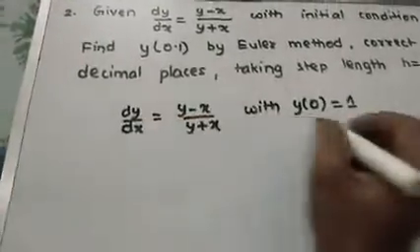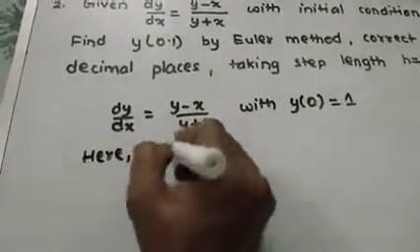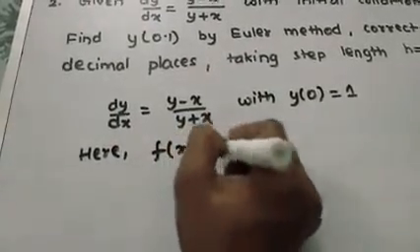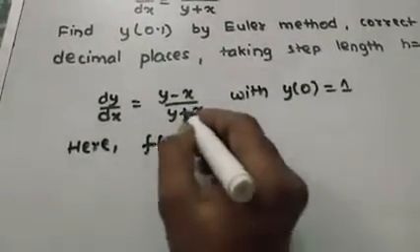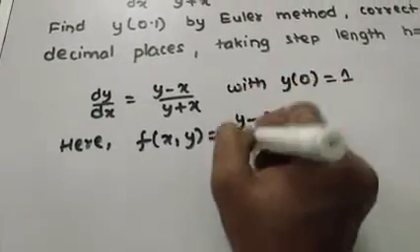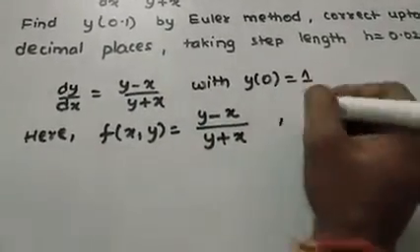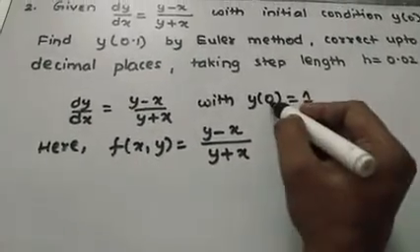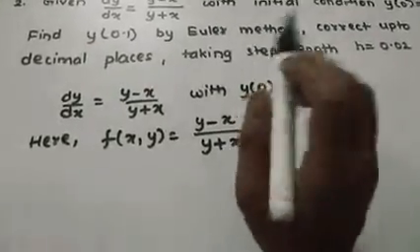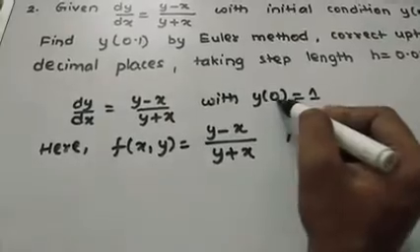Okay, so now what is the information we got from this particular line here, first of all your f of xy, the very important, what is f of xy? This is the right hand side function, is always your f of xy, that is y minus x by y plus x. And x naught, just remember that with the initial condition x naught is your this bracket number.